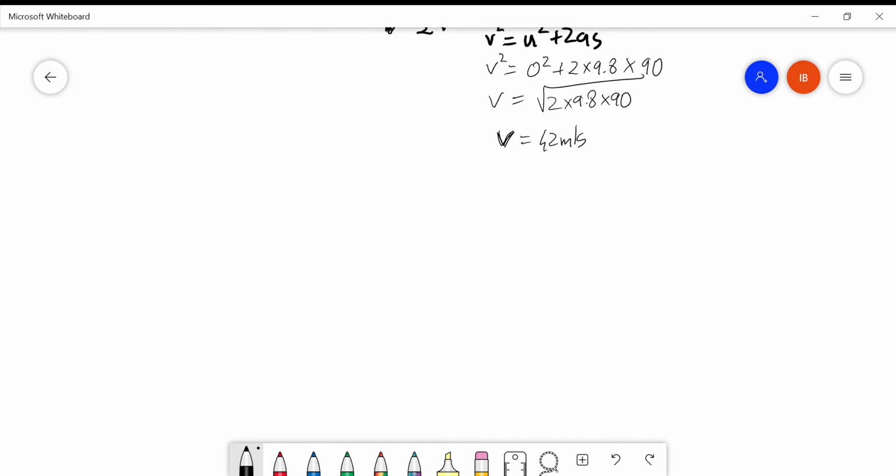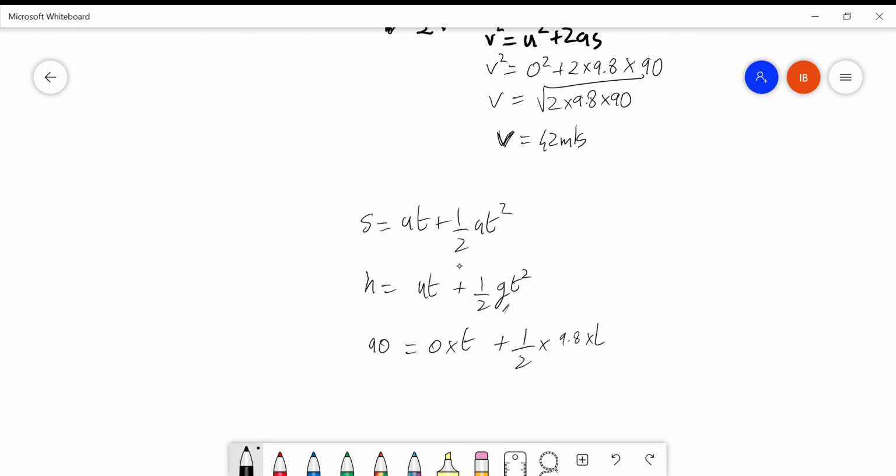Now with equation of motion, we can find the time again. So we can use s is equal to ut plus half at square, or here h is equal to ut plus 1 by 2 gt square. Height is 90. Initial velocity is 0. So 90 is equal to 1 by 2 into acceleration due to gravity 9.8 into t square.